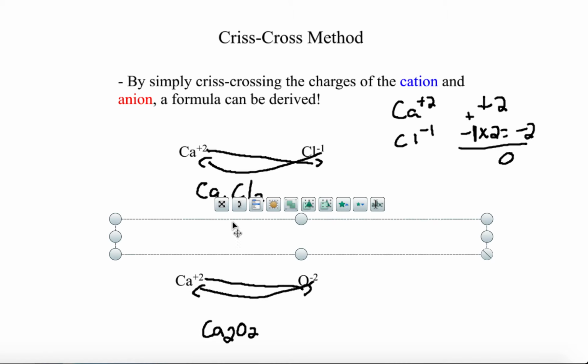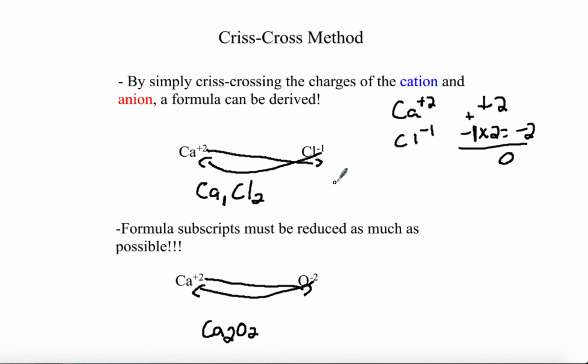Okay, so that is one very, very important thing to remember here. The formula subscripts must be reduced. So the Ca2O2, they're each reducible by a factor of 2, so we basically get CaO, and this is because the +2 of the calcium only needs 1 of those oxygen -2s to give you an overall charge of 0. So it's basically just a 1-to-1 ratio.